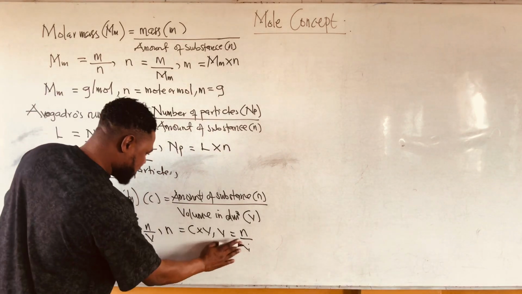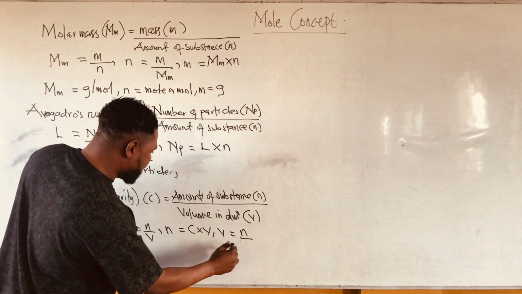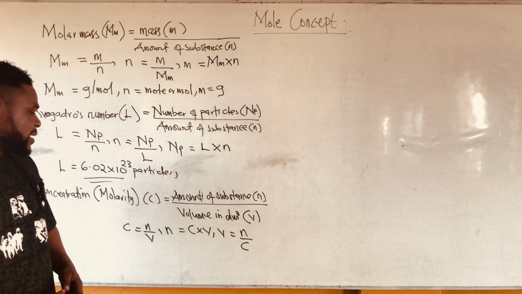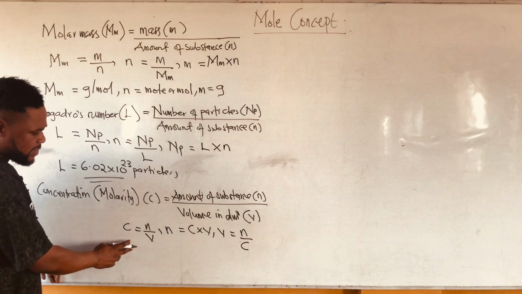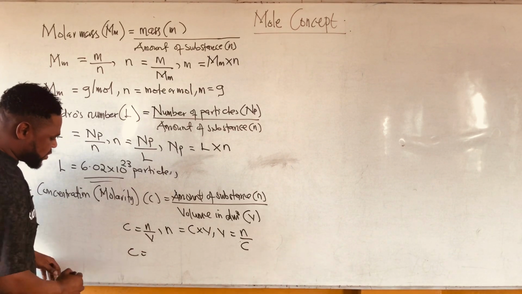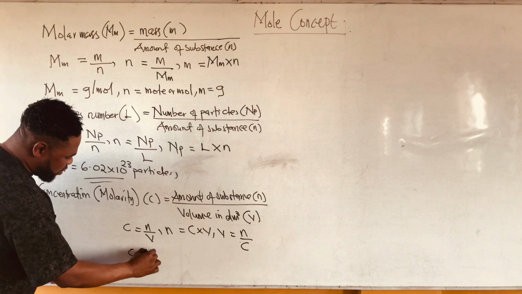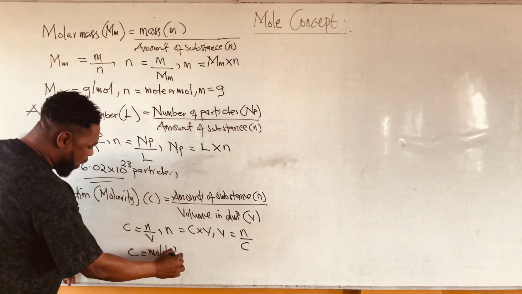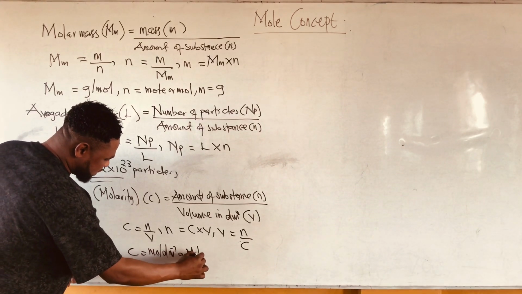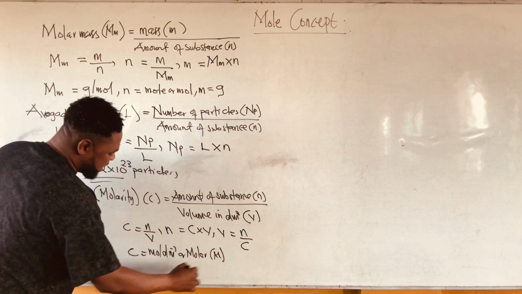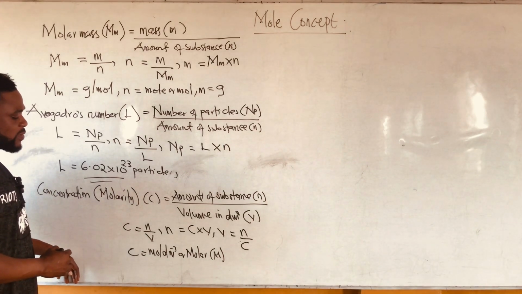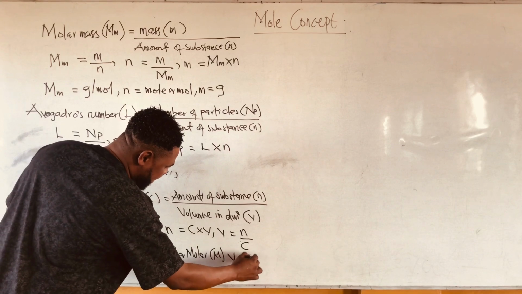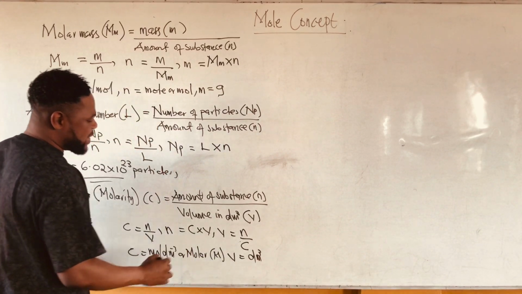Volume will be equal to N over C. Don't forget that concentration is measured in mole per decimeter cube, or we can use molar, capital M, to measure concentration. And our volume must be in decimeter cube.